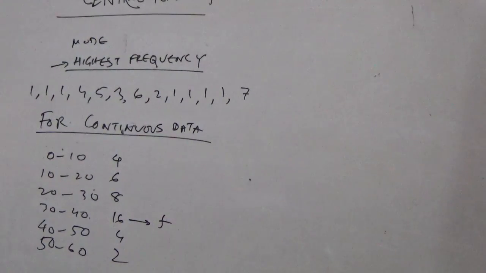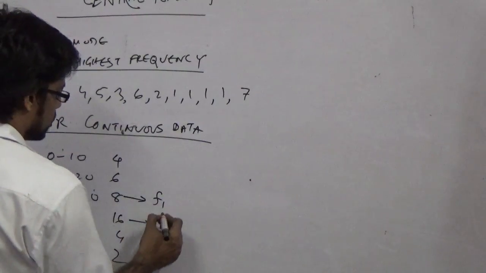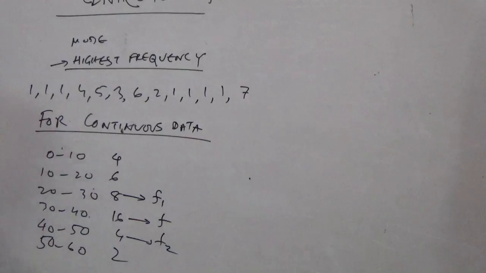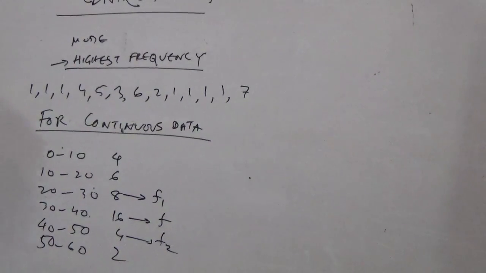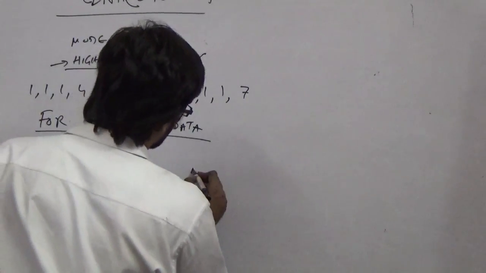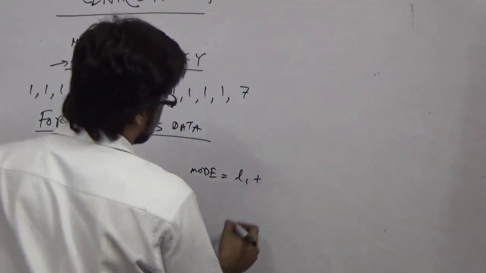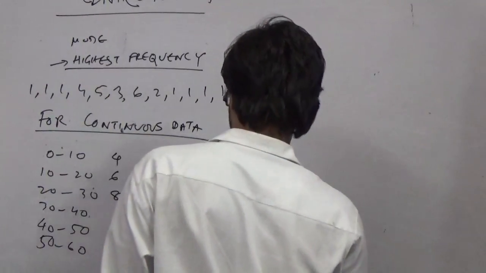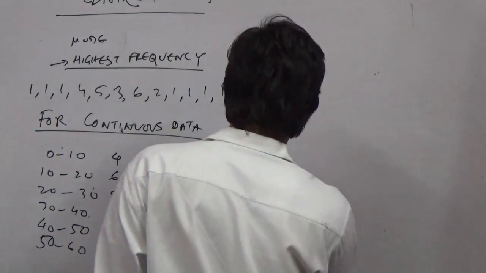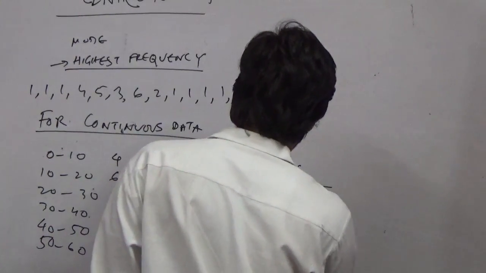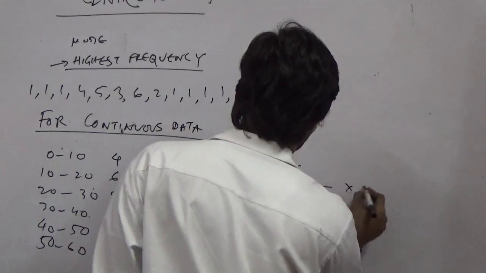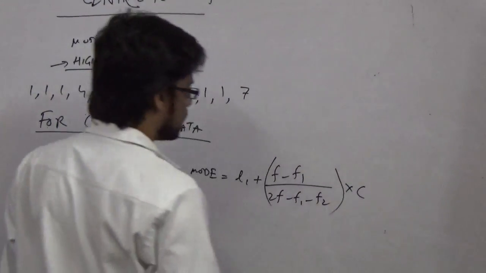We are choosing this as F, only F. The frequency before is F1 and the frequency following is F2. Then there is a formula of mode, which is L1 plus (F minus F1) by (2F minus F1 minus F2) into C.